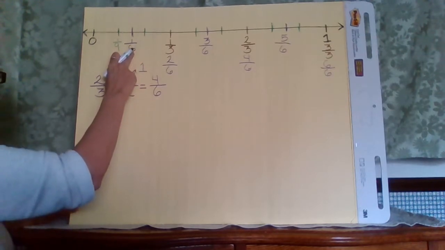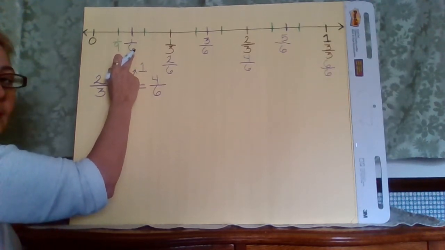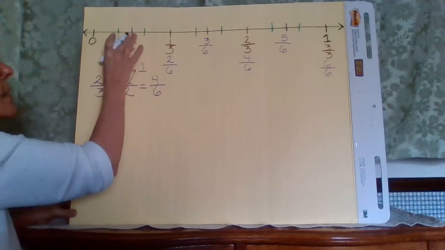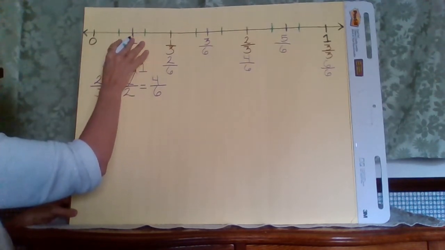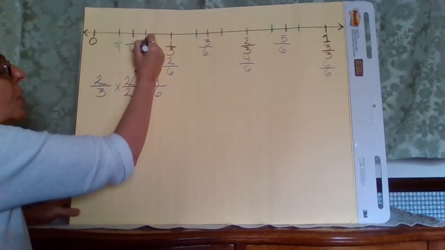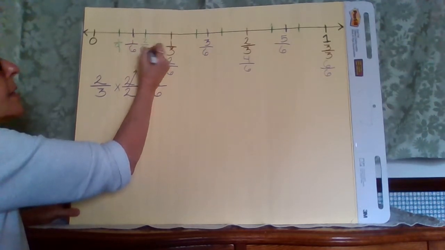Now notice I don't have a 9th at my 1/6 part because that is not an equal piece. So here's 2/9.